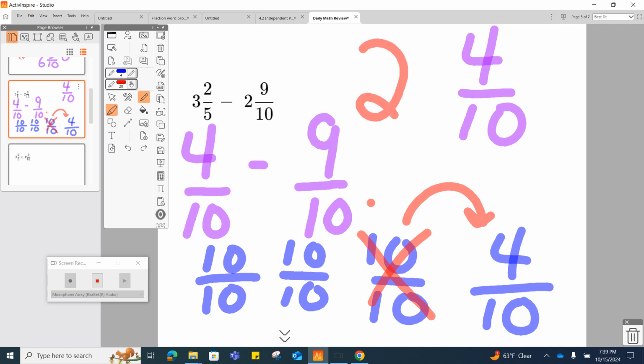And instead of 4/10, I have 14/10 because I took these tenths from right here. I took them away from the whole, I broke them up, and I put them over here to make 14/10. I hope that makes sense. So let me do some erasing here. What I don't need.